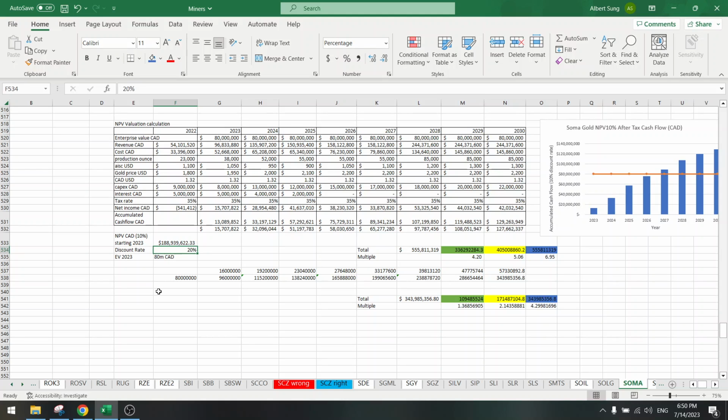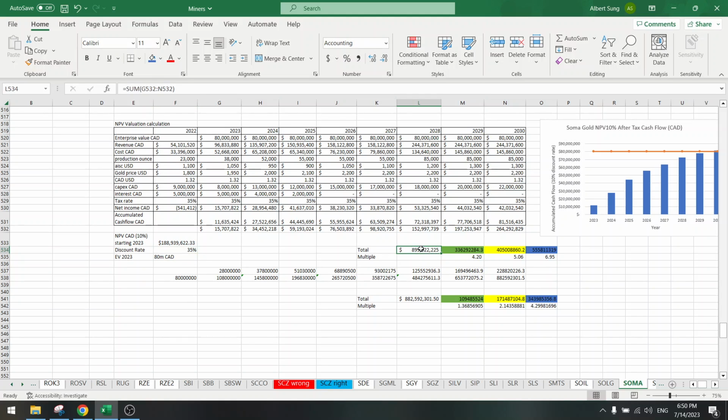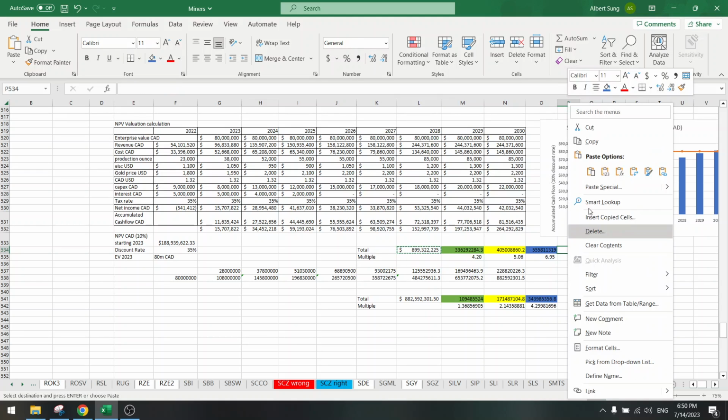Let's go to 35%. What happens then? Do you see it already? At 35%, we get 900 million for Soma Gold.